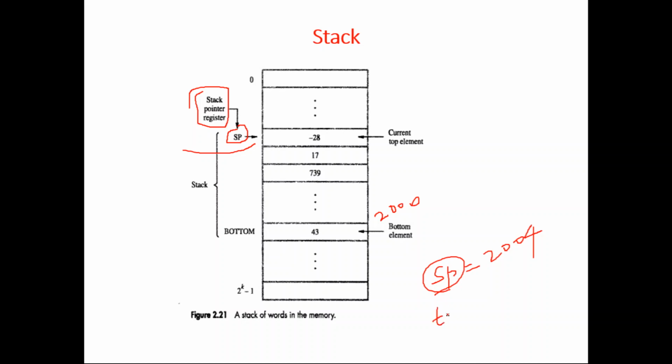In the microprocessor itself, there is a pointer called the stack pointer, a special purpose register which will always point to the top of the stack. When the stack is empty, SP will hold 2004, because the address below 2000 is 2004, since each location is a 4 byte word.